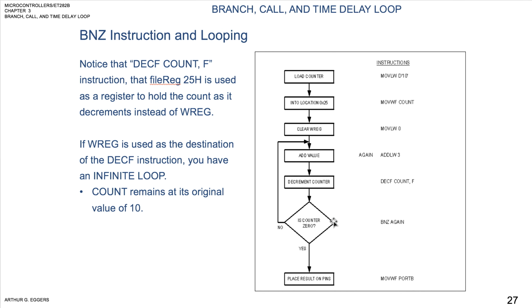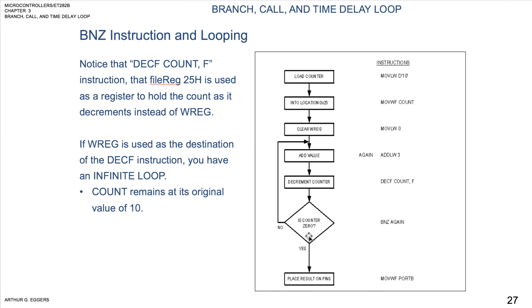In looking at this, using the flow chart here, notice that for the decrement F instruction the file register 25 is used. If you follow through on the flow of the flow chart, you can see the decrementing action and then the tests that go on. You can see our test down here.